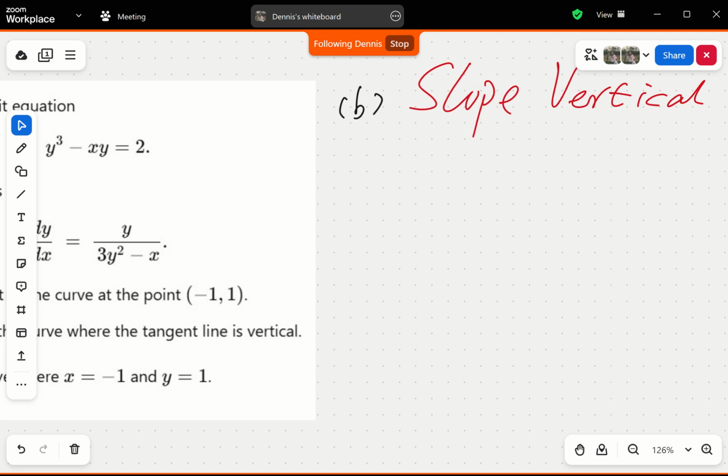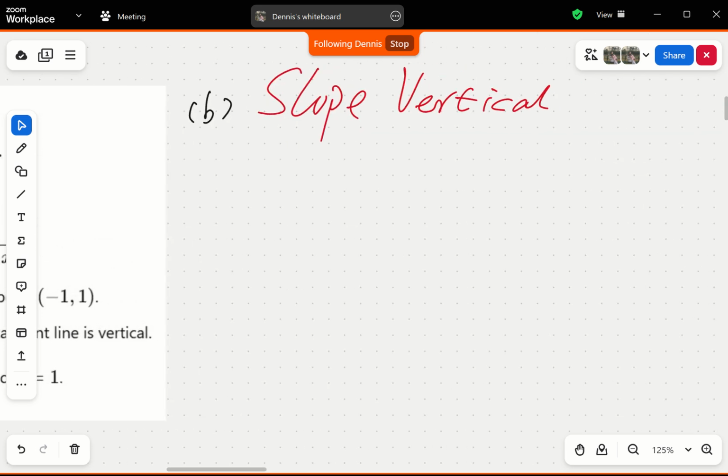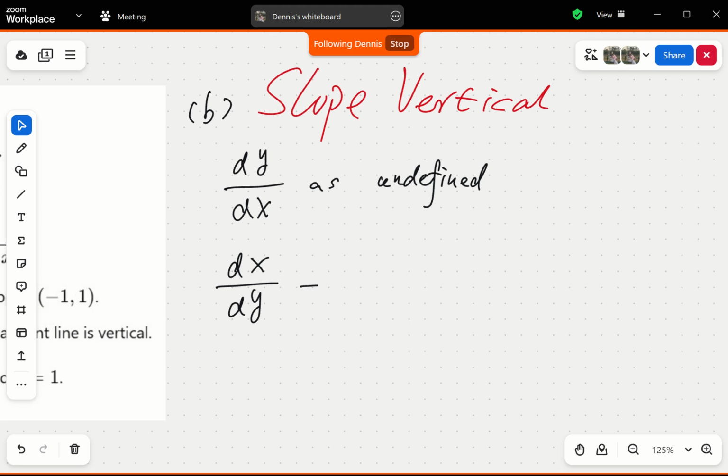You should realize that for the slope of the tangent line to be vertical, dy/dx at the point of tangency must be undefined. Or you can say the reciprocal of dy/dx, which is dx/dy, equals 0, so that the slope of the tangent line would be vertical.